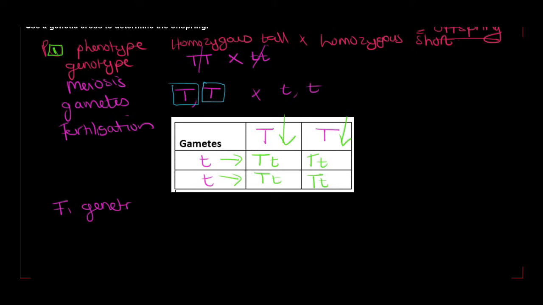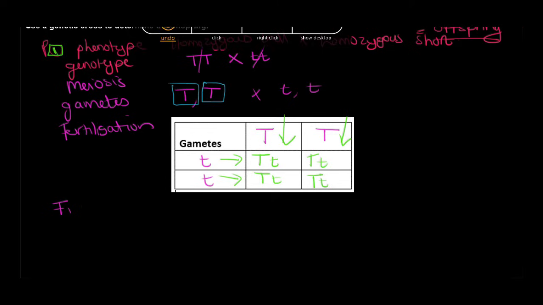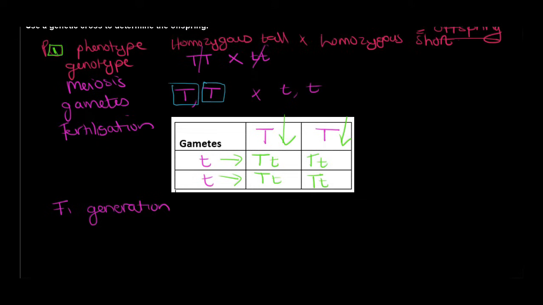That's bad spelling. So the F1 generation, and we are now going to start with the genotype. You don't need to write that, I just wrote it for explanation. So you can just write F1 genotype.